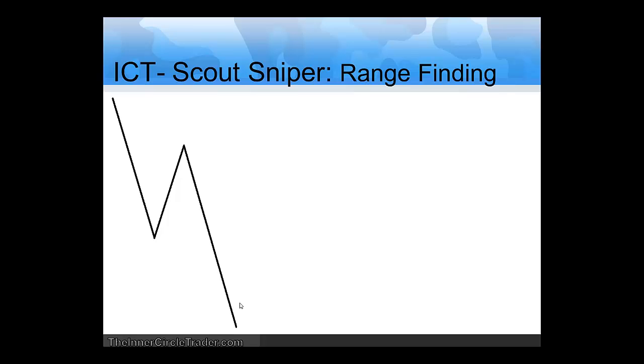If you feel absolutely certain that you're going to see a 200% extension, in other words, whatever this range is from high to low, if you're looking for a downswing, when this low is taken out, whatever that range is, it's duplicated, and you'll see that same magnitude swing lower, which is basically taking this low to this high, and if you had it in your Fibonacci, it would be a 200% extension.